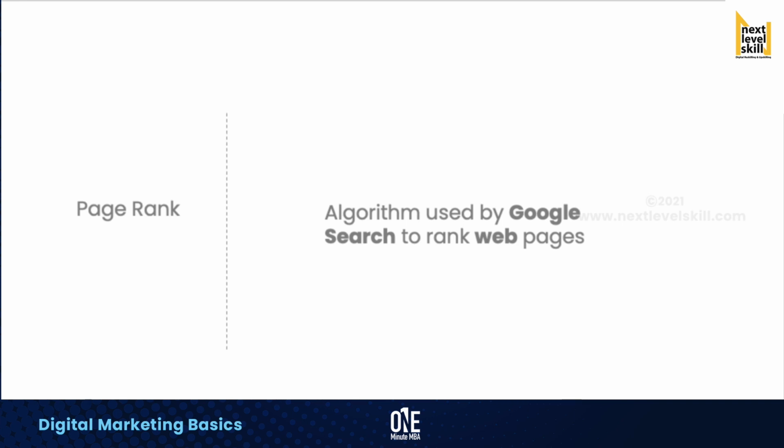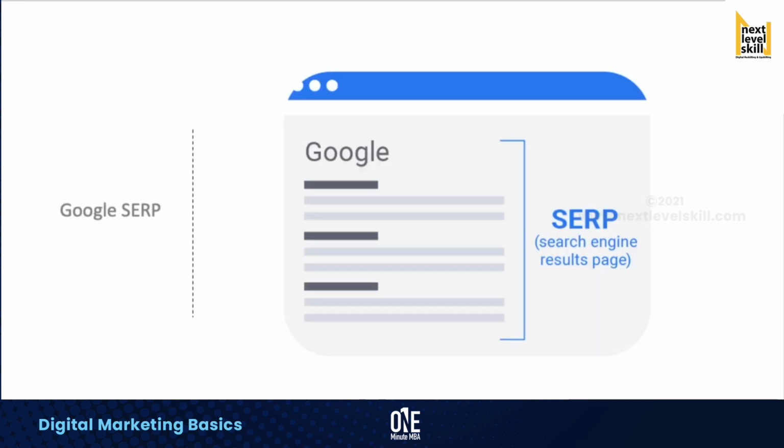So students, there are different types of searches: organic and paid. You can see what a search engine result page looks like. There is a heading and there is a snippet.